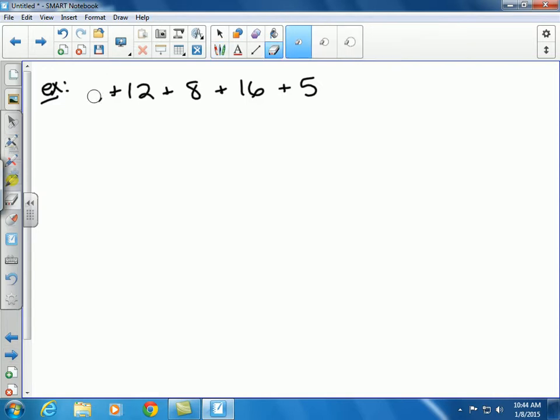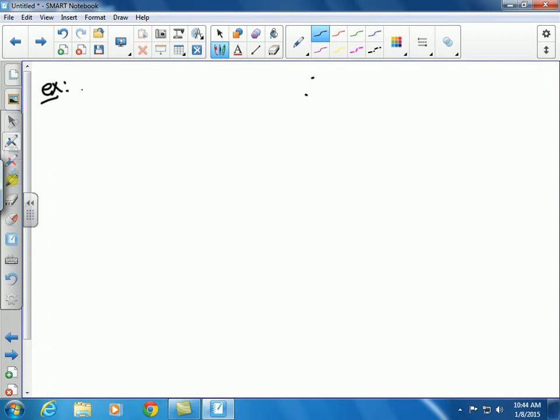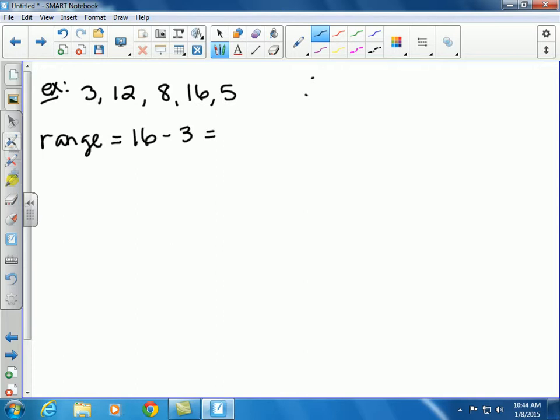Let me erase that. What I meant to do was list the data points: 3, 12, 8, 16, and 5. Okay, so those are my data points. The range is the difference between the highest and the lowest. So it's 16 minus 3, or 13.